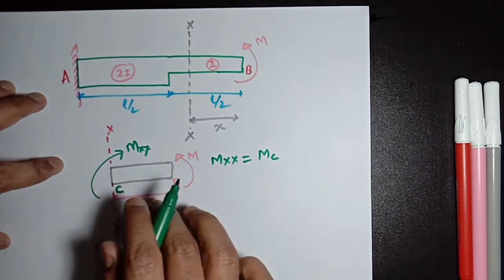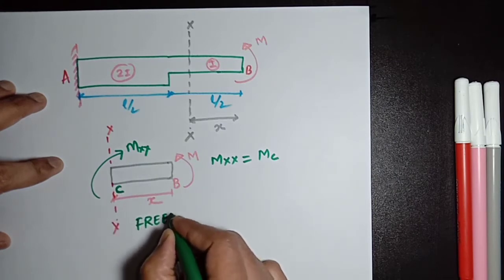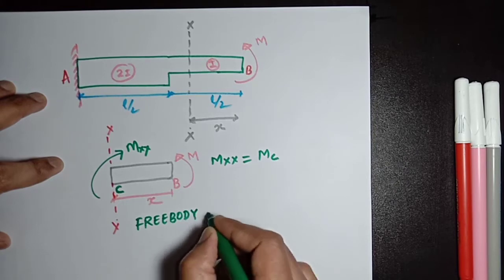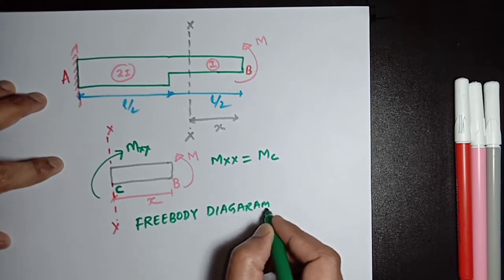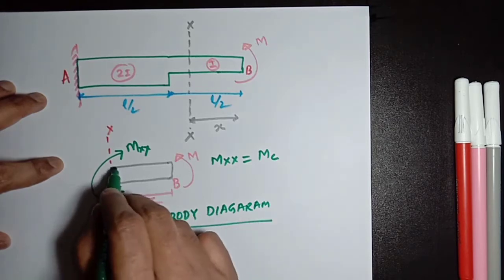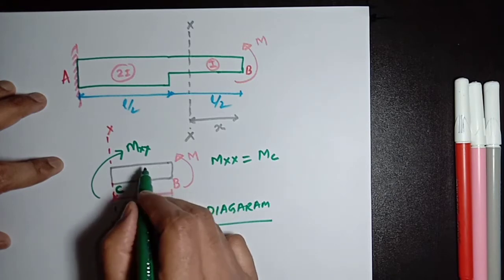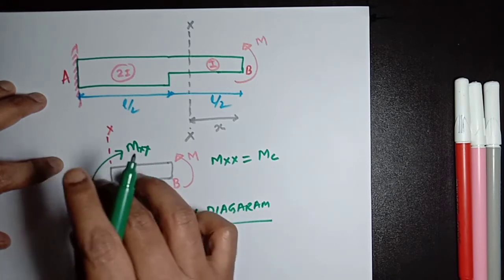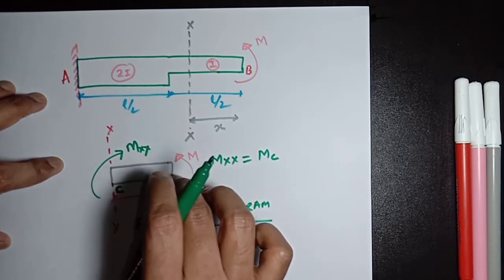As you know, this is a free body diagram. This portion of beam having a length x does not have any load, neither concentrated load, nor UDL, trapezoidal or triangular load. No load is acting here except a concentrated moment at the tip of this beam.